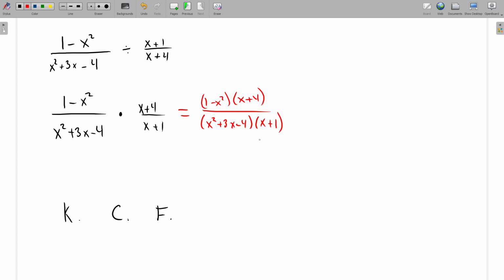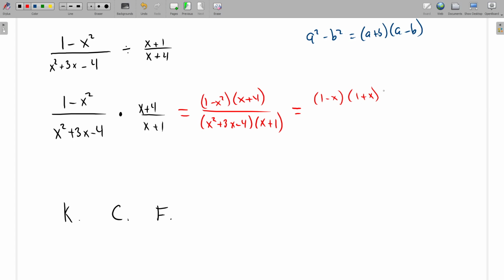So from here, we want to factor anything that we can factor in both the numerator and the denominator. And again, I see this 1 minus x squared, that's in that a squared minus b squared equals a plus b times a minus b form again. So because it's in that form again, we can factor it. We can factor the difference of these two squares into 1 minus x and 1 plus x.